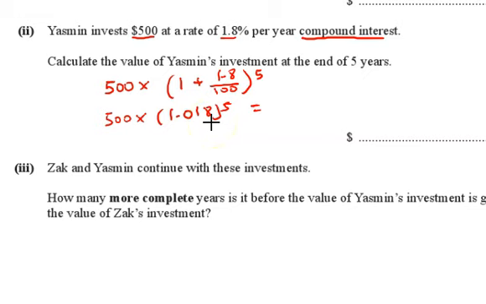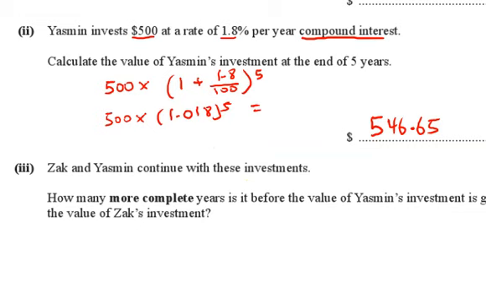I have simplified this. Then the power of 5, multiplied by 500, you'll be getting about 546.65. So this is your investment.